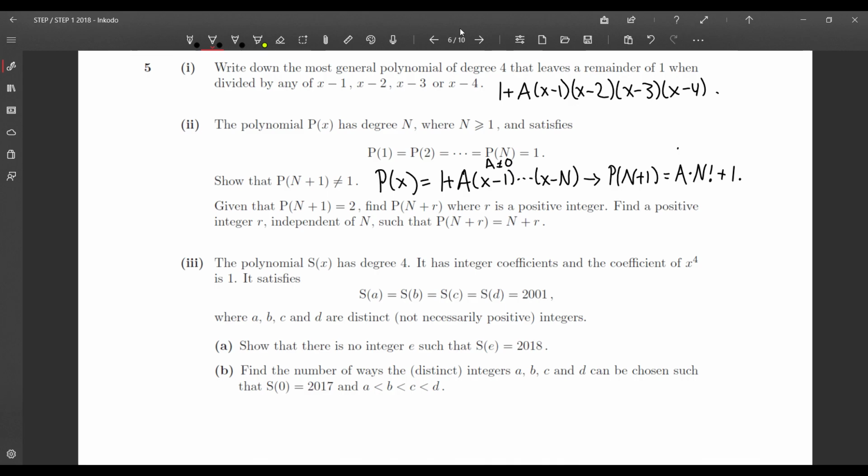Given that p of n equals 2. Okay, so we are given that a times n factorial is equal to 1. So a is equal to 1 over n factorial.